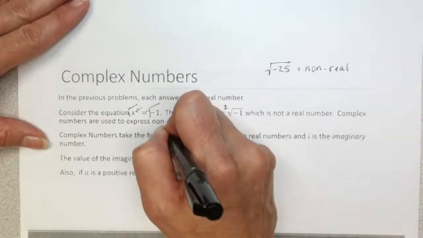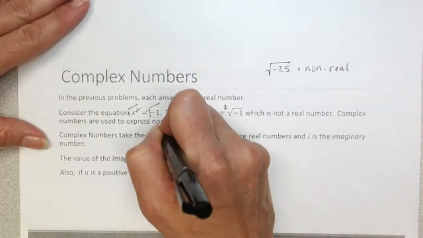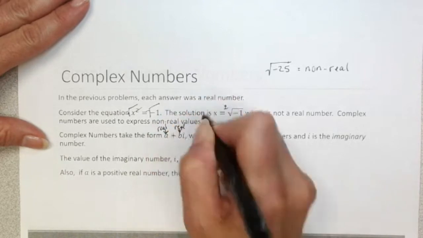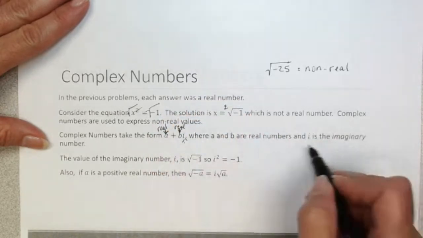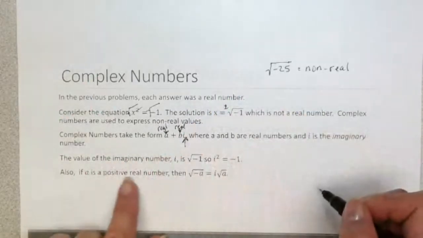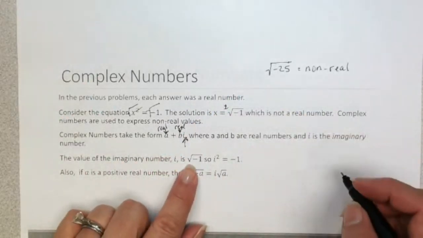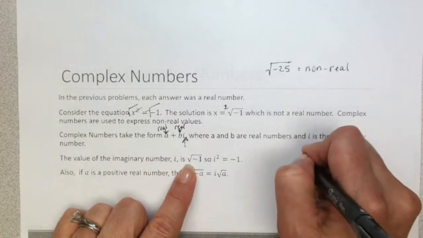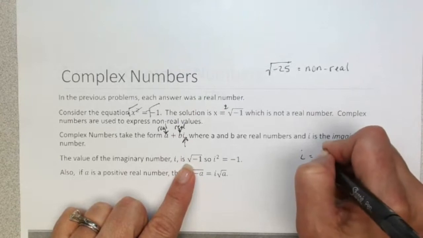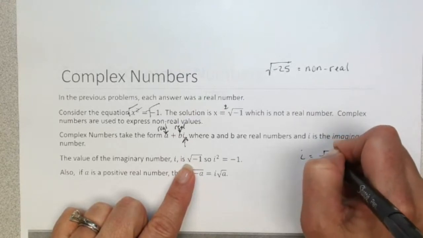So the a here is just some real number. The b would be some real number. But this i right here is the imaginary number. And the imaginary number is defined as the square root of negative 1. So by definition, i equals the square root of negative 1.